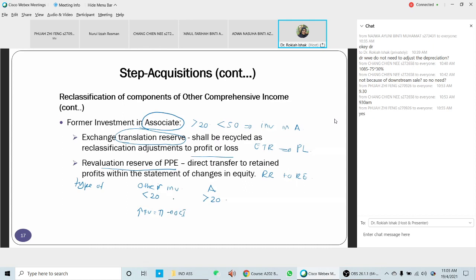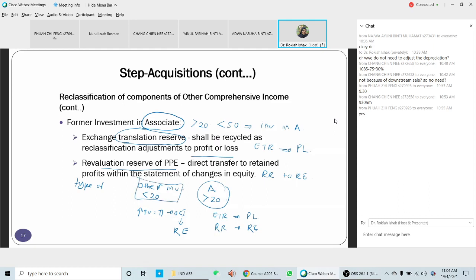So once you have control over the company, this gain is going to be transferred to retained earnings. But if your investment is categorized as an associate and you have an exchange translation reserve, this one is going to be transferred to P&L. But if you have a revaluation reserve, this one is going to be transferred to retained earnings. So it depends on what type of investment you have.